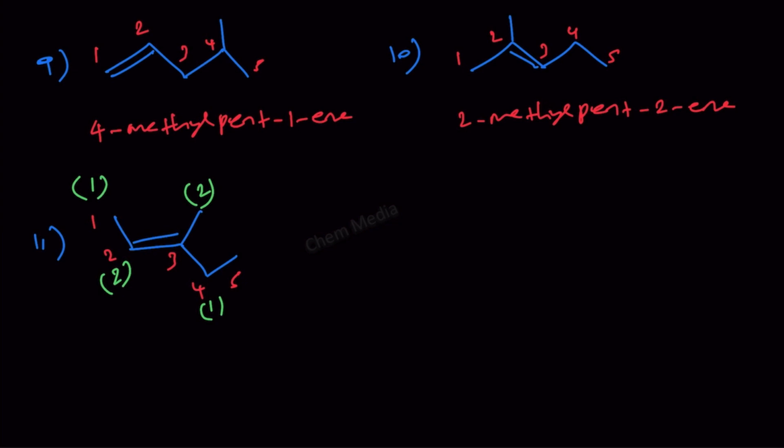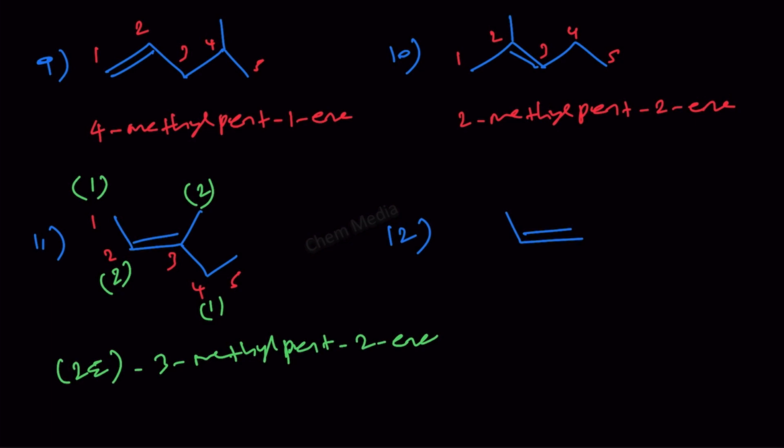Therefore the IUPAC name for this molecule is (2E)-3-methylpent-2-ene, and then the Z isomer, that is 1, 2, 3, and then the methyl group down, and then 4 and then 5. Now the higher priorities are on the same side, therefore this is (2Z)-3-methylpent-2-ene.